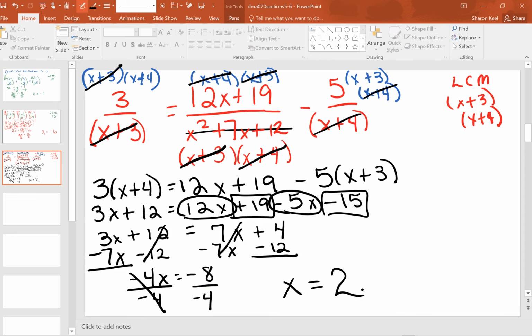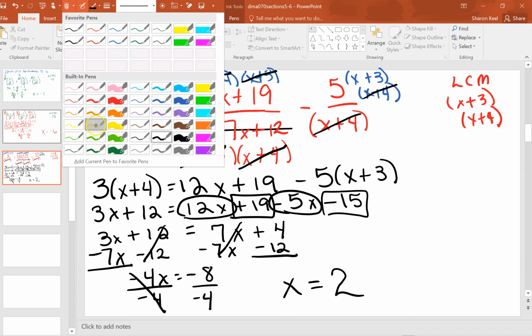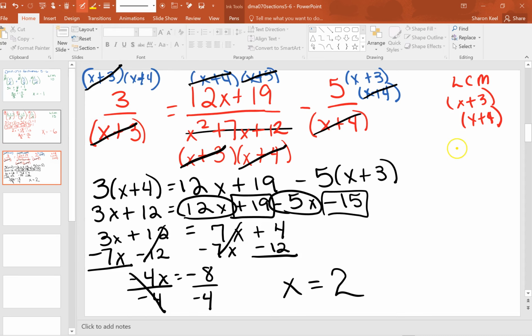Now, one thing I hadn't mentioned yet, and since we're doing this particular problem, when you have a variable, you always need to keep in mind when you're doing a problem, what would make this undefined? X cannot be equal to a negative 3 or a negative 4.